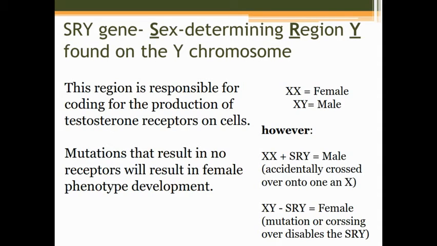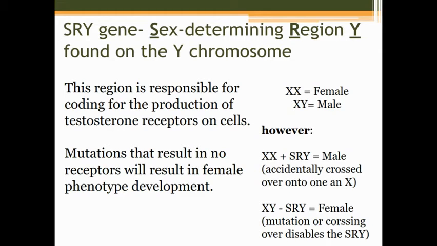Mutations that result in no receptors, even if you're an XY individual, will result in female phenotype development. So you can be a fetus whose cells do not produce functional sex determining region Y protein, but you won't develop testes. You'll develop a uterus and fallopian tubes despite the fact that you are an XY person.